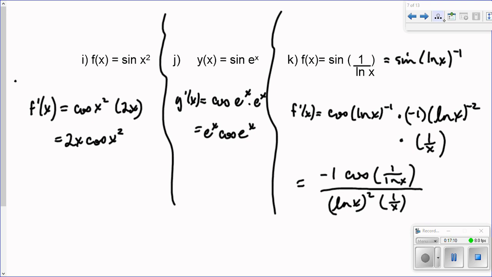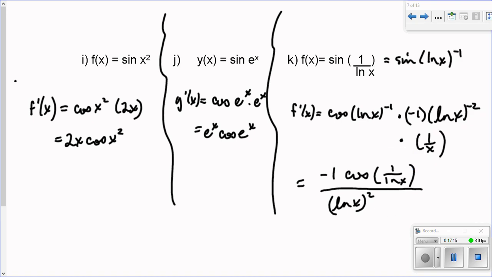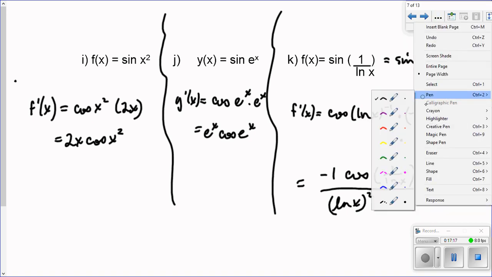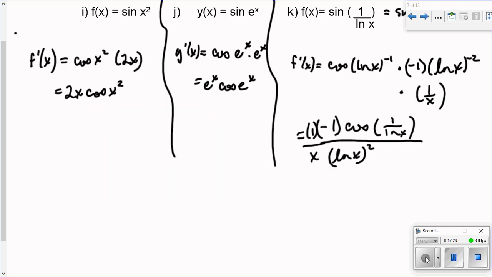Let me fix that up a little bit. Even simplified further, I have a negative cos 1 over ln x over x ln x squared. That's a tough one. Wow.